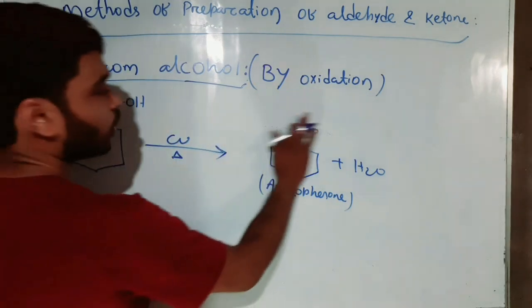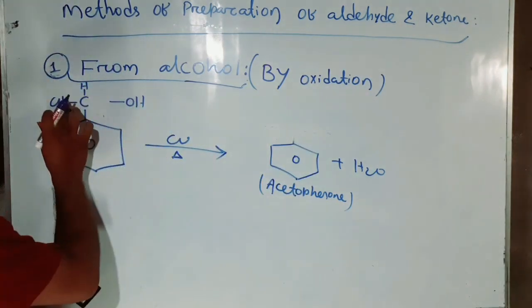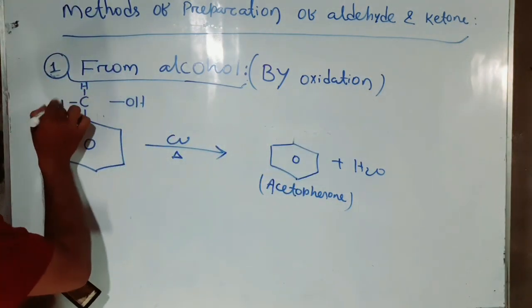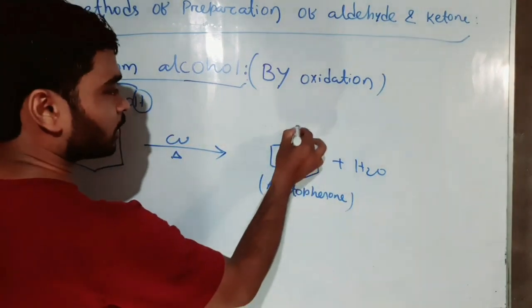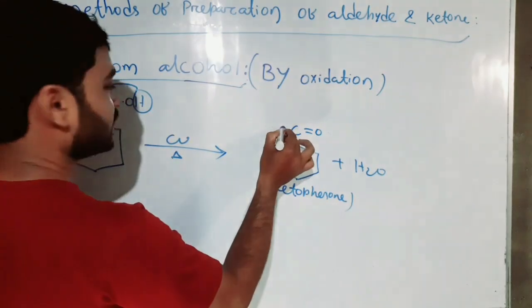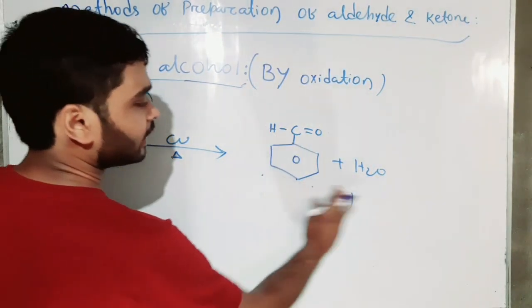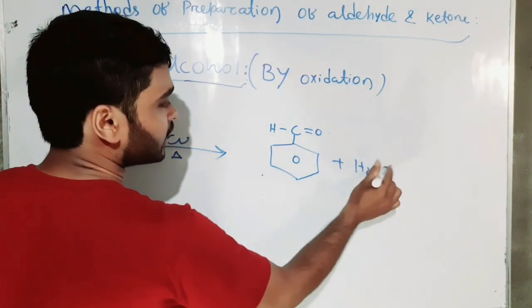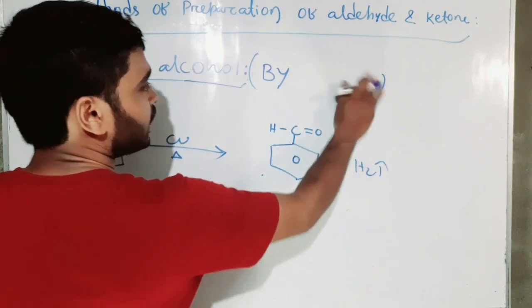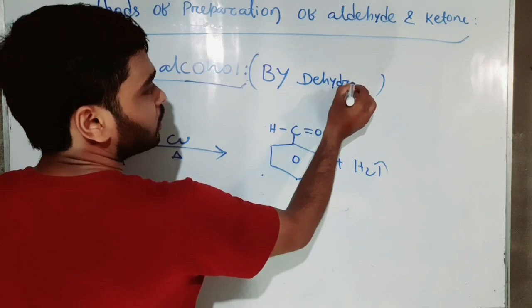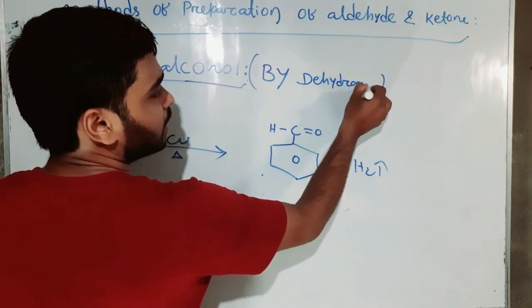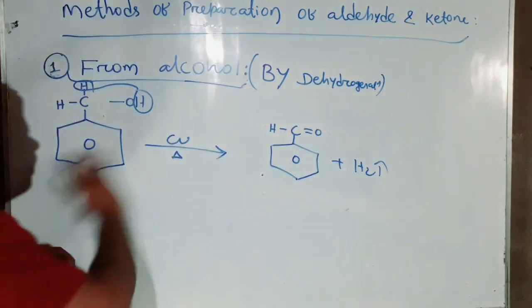In this way, what will happen here? It is the benzyl alcohol, the two hydrogens will be removed and will produce benzaldehyde. It is the benzaldehyde, and it will release the hydrogen. The method I am changing here is dehydrogenation.